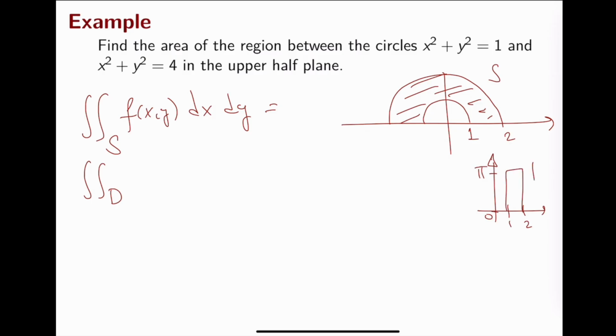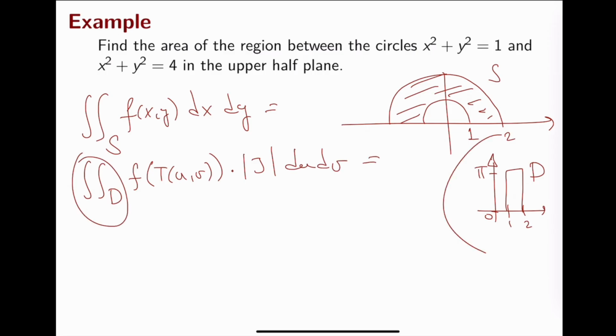So just this rectangle, that's what D was. So we can do instead the double integral over D of f evaluated at the change of variable, right? That's what the theorem says. And multiply by the absolute value of the Jacobian, and so du dv. And so this description in D, then it will be much easier than do the description in S.